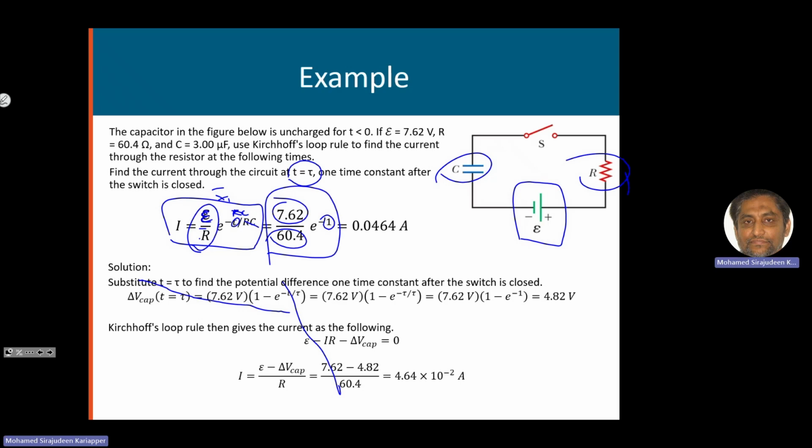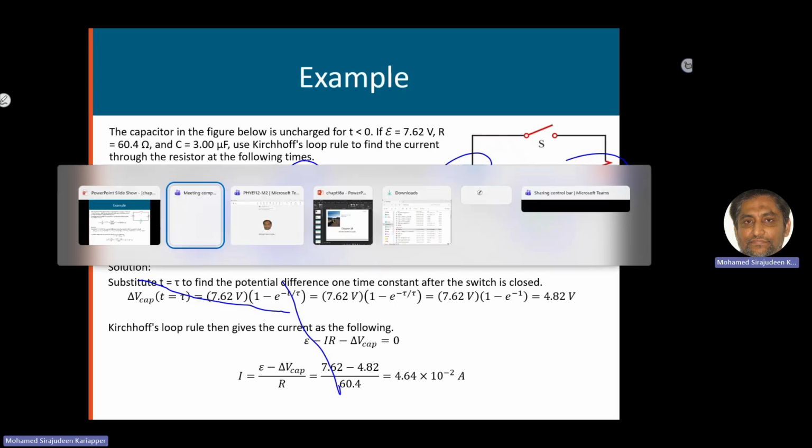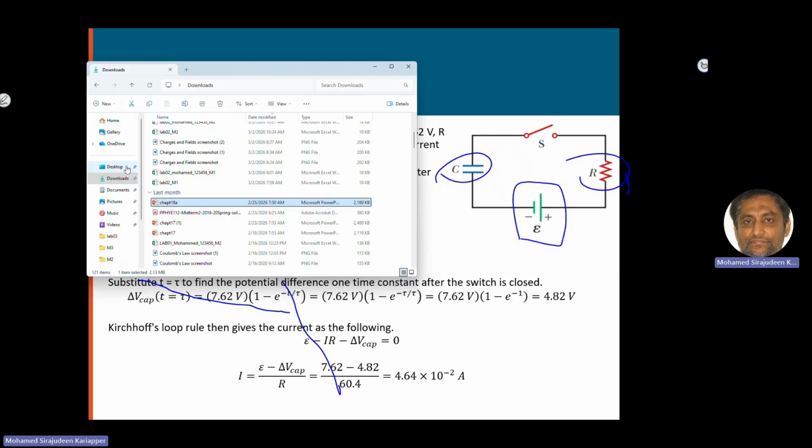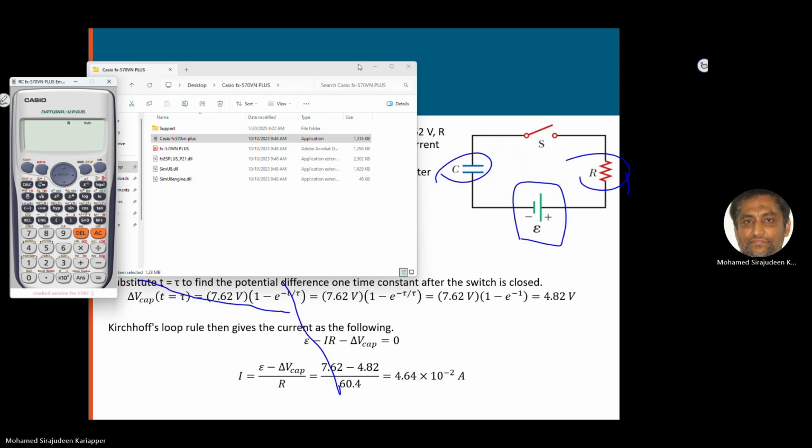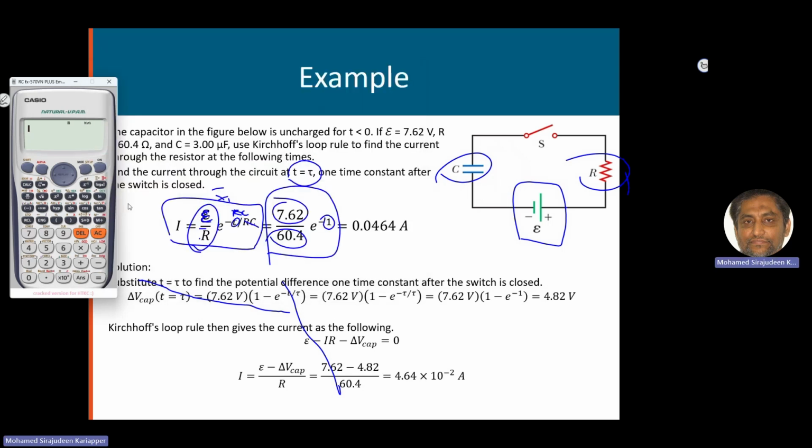All right. Anyway, let me show you. I will take my calculator. So this is a fraction, so I can use this. 7.62 come down, 60.4 come up, multiply by.